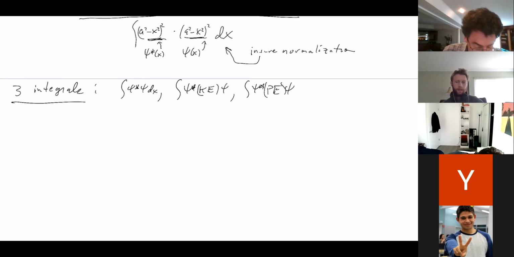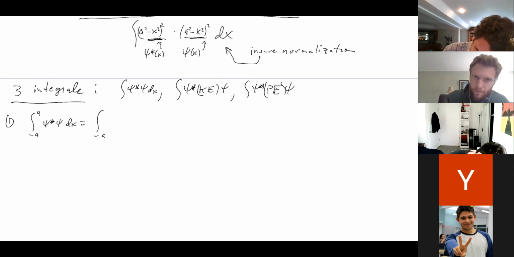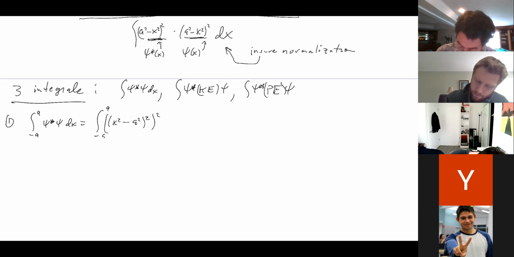So let's do the first integral, the normalization integral. That's the integral from -a to a of psi star psi dx, which is x squared minus a squared to the 4th power dx.